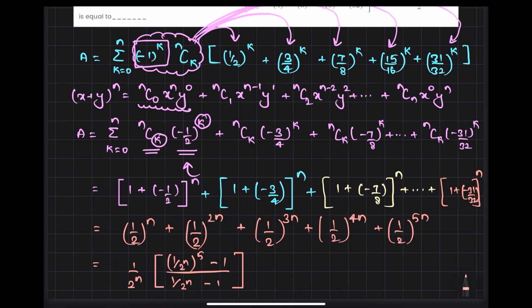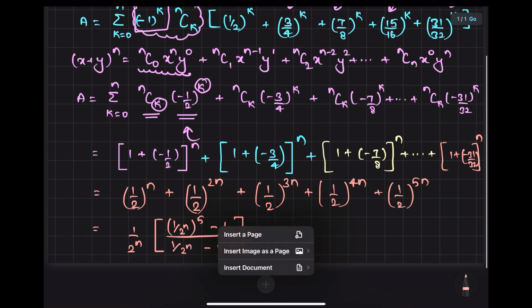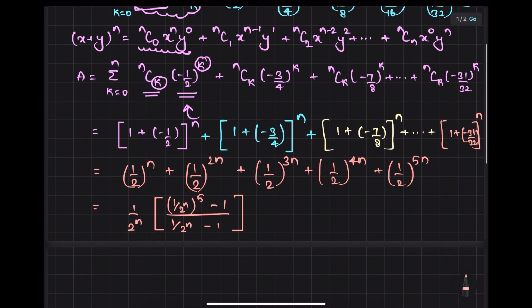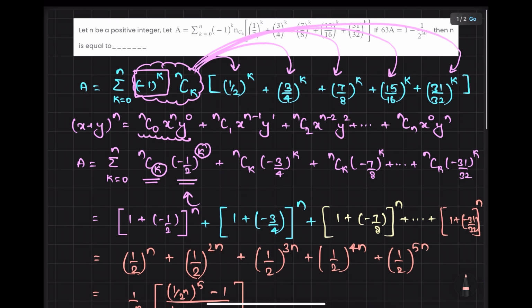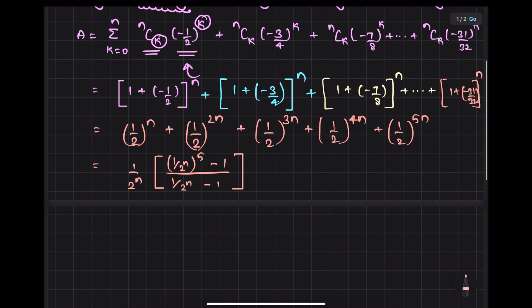Now look at this. So we got this as the answer, but according to them the answer is 1 by 63, and then we have 1 minus 1 by 2 power 30.